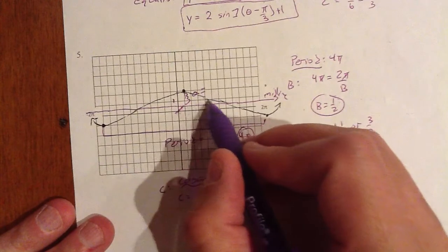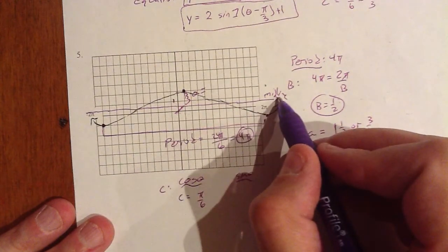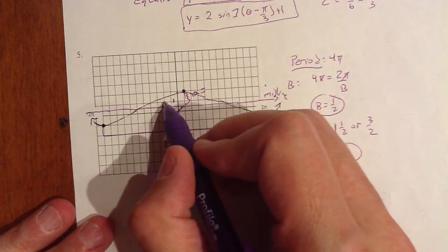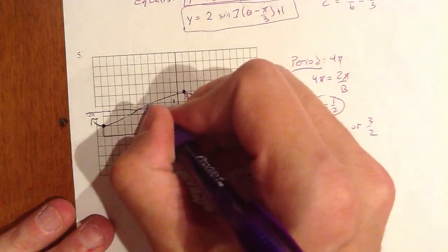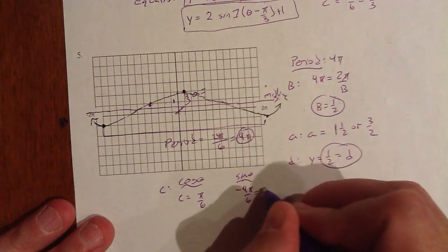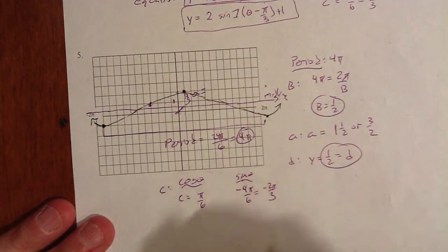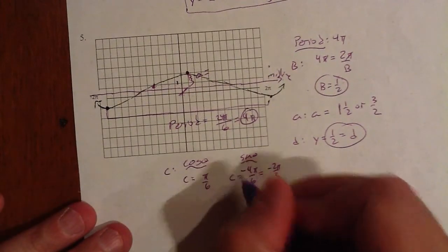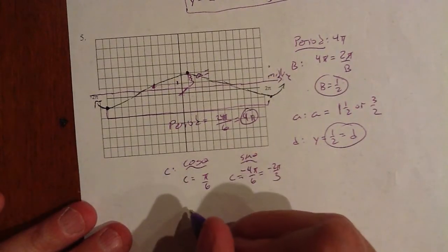For sine, we normally start going up, so I take a look here. Now, if I count to the right, I never see it going up. So in this case, I'm going to count to the left. 1, 2, 3, 4. There it is at 4. So it's negative 4 pi over 6 or negative 2 pi over 3. That's our C value for sine. So I can write my two equations now.